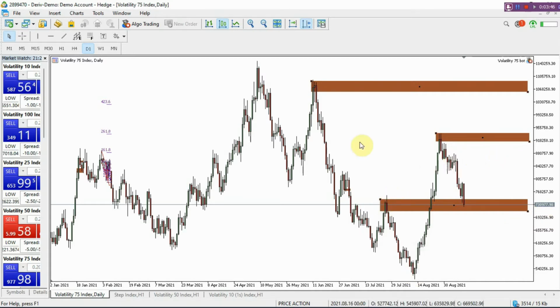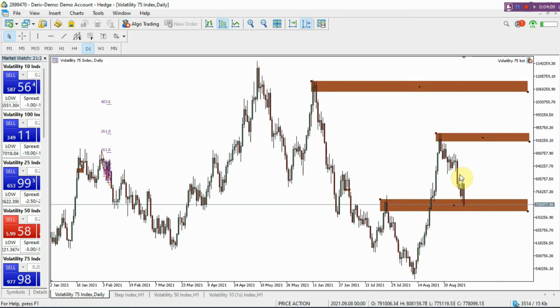So two things here: price could reverse back, because this was the previous resistance, so it could find support here once more and push back, showing continuation of the bullish new trend that just started, or we could see a little downtrend.